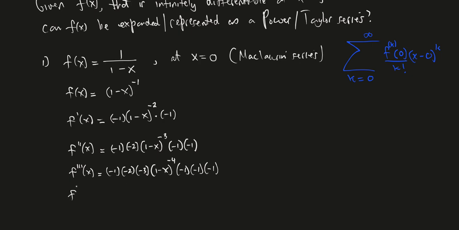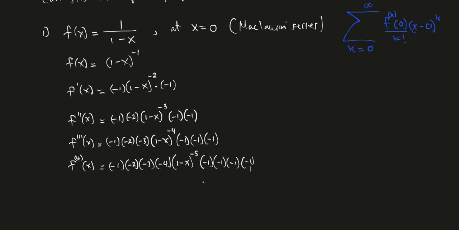If you haven't seen it yet, let's write down what the fourth derivative would look like. -1 times -2 times -3 times -4. Then I'll have the quantity 1 minus x to the -5, and then I'll bring down all those -1s and multiply by another -1. All these -1s that I'm multiplying at the back are due to the chain rule. So look at what's going on here.